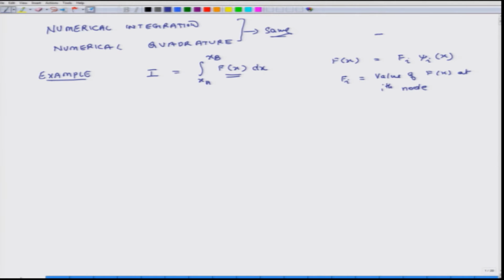So, suppose I have an element and let us say it has a lot of nodes. So, this f x is a sum of different f I times psi I.